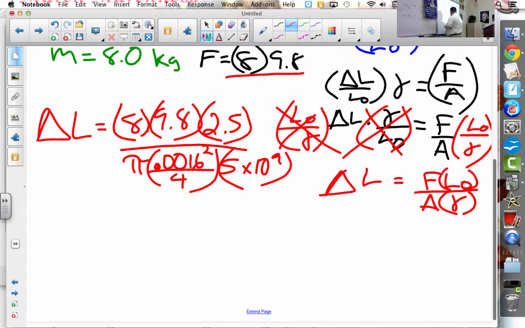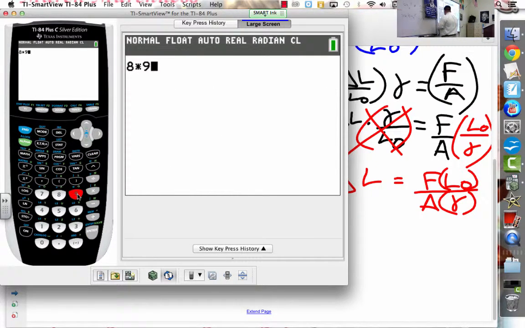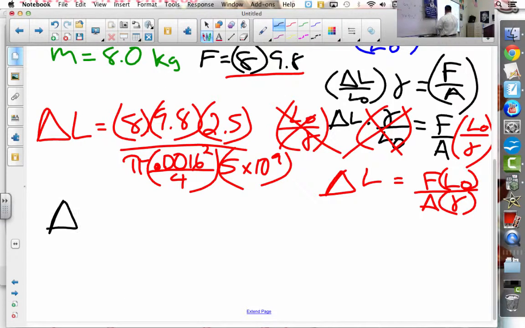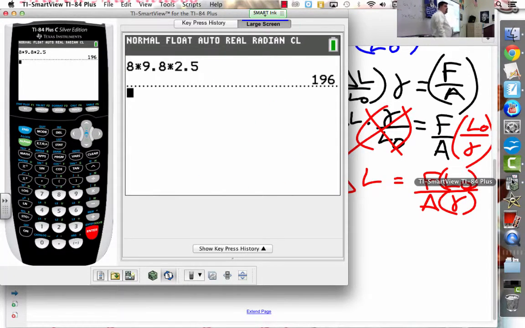So let's plug it in and see what we get. I'm going to plug this in my calculator, step by step though. So I'm going to say 8 times 9.8 times 2.5, and that gives me 196. So delta L is equal to 196 over the bottom. Now this bottom line is going to be kind of tricky, so let's see how we do with that, okay? I'm going to have to say pi times, then in parentheses 0.0016 squared, right?